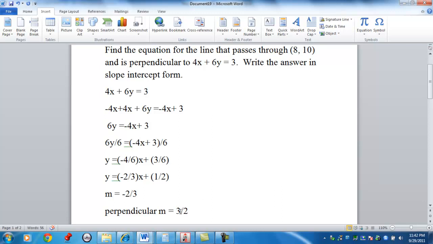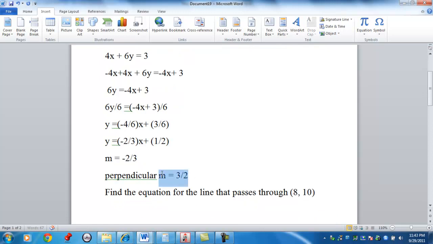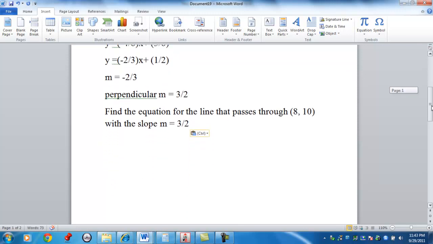So I have the slope I need to find the equation of a line that passes through the point a comma 10. Now we want to find the equation of the line that's going to pass through 8, 10, using the slope 3/2. Next, we can approach this a variety of different ways.